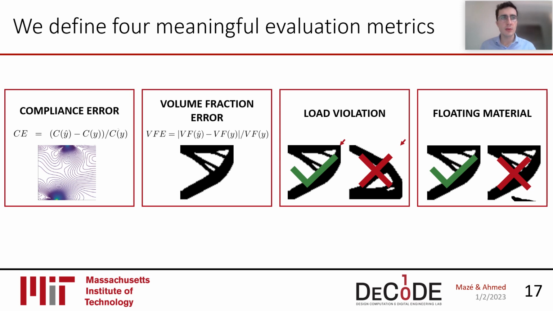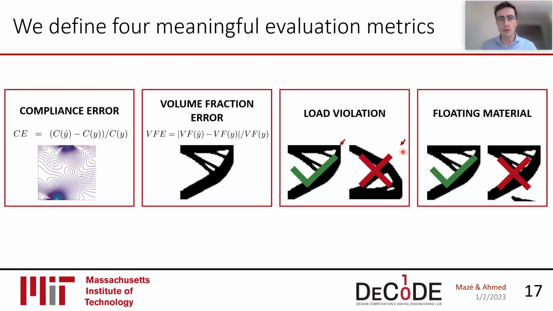The compliance error quantifies how much better or worse the generated topology is compared to the topology generated by the traditional SIMP method. The volume fraction error quantifies the gap between the prompted volume fraction and the volume fraction of the generated topology. Load violation checks if material is present where a load is applied. Here, the left image is okay, but the right image contains a load violation.